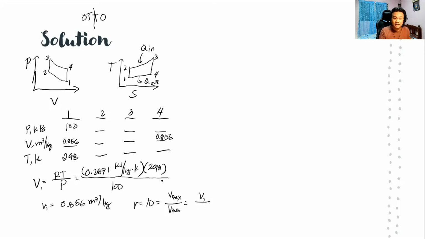And V min is V2 or V3, let's just put V2. So to get V2, it's just divide V1 by 10. Dividing V1 by 10, you will get 0.0856, same unit. So this is solved.